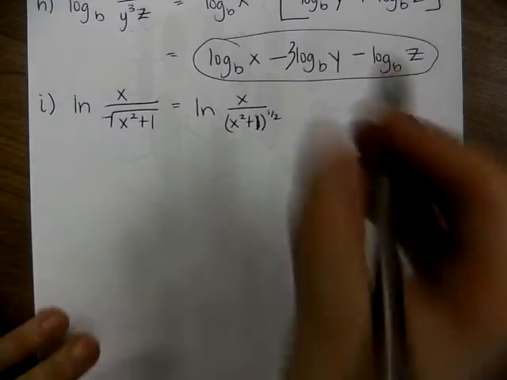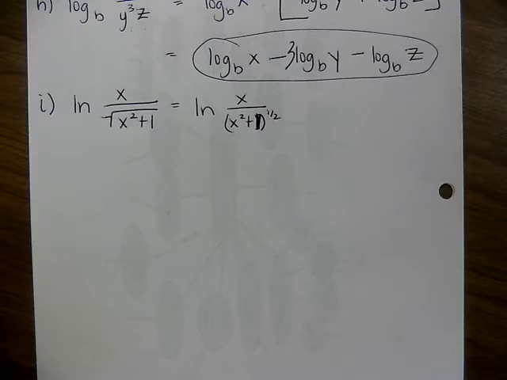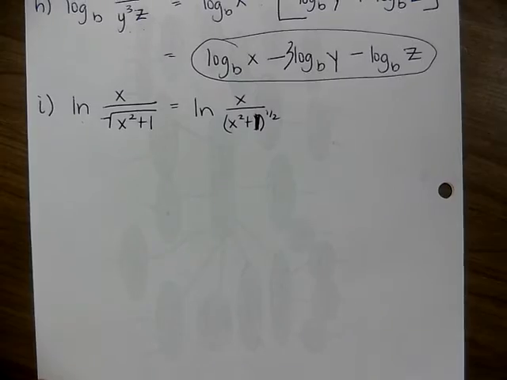Okay, so here's the deal. This is a little tricky one because this x squared plus 1 is all together, so there are parentheses around that. There has to stay parentheses around that. You can't get rid of those because that whole quantity is with the natural log.